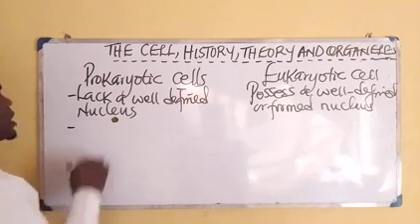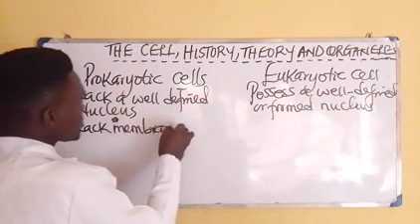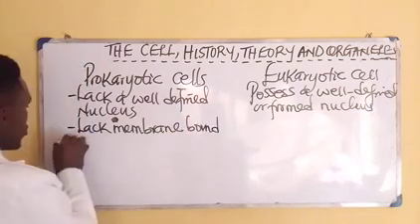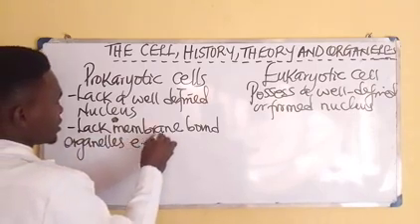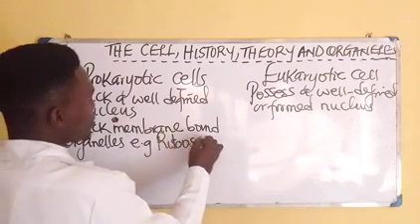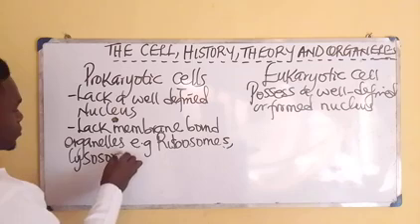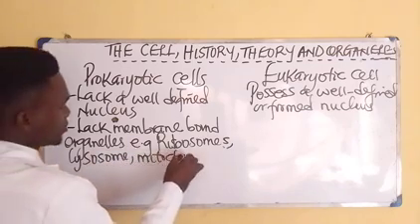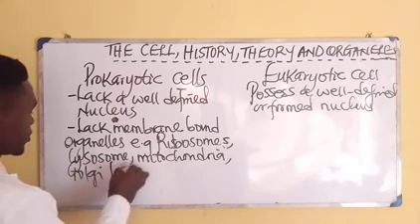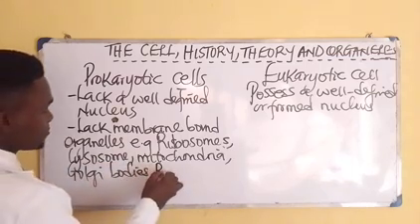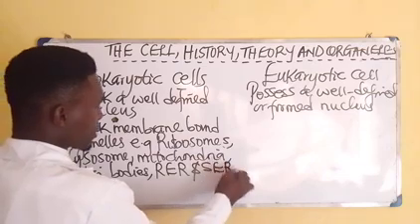Then number 2, the prokaryotic cell lacks membrane bound organelles such as the ribosomes, the lysosomes, the mitochondria, Golgi bodies, rough endoplasmic reticulum, and smooth endoplasmic reticulum.